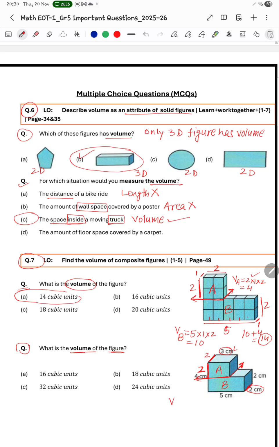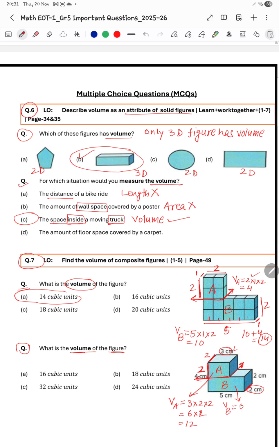So volume of block A will be 3 times 2 times 2. This will give you 6 times 2, yani 12.